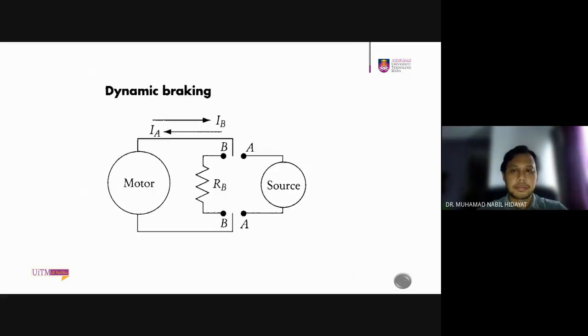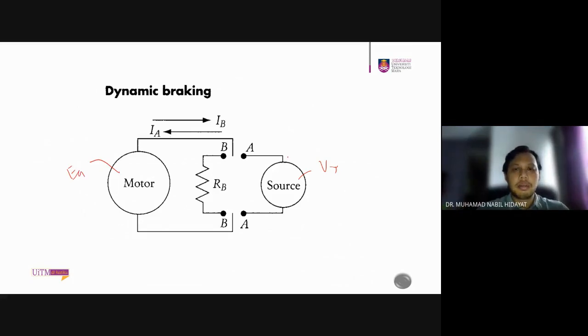So this will be the diagram. You have your source, and this will be the motor.